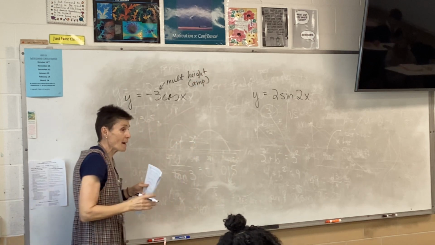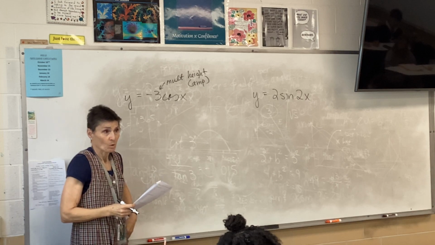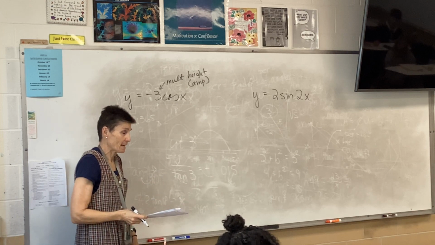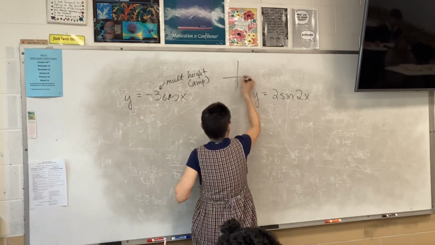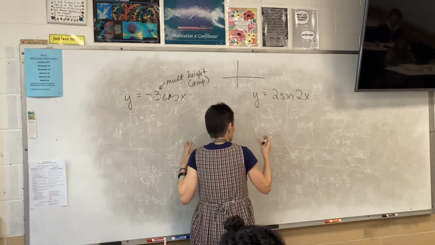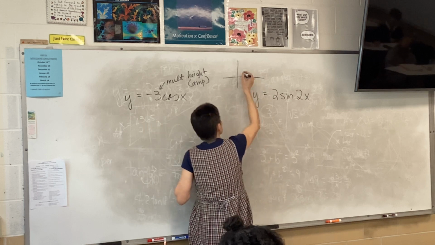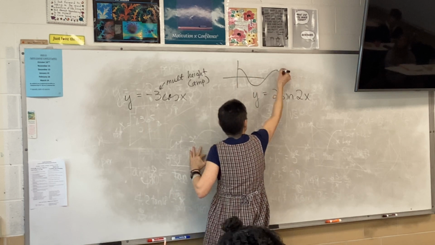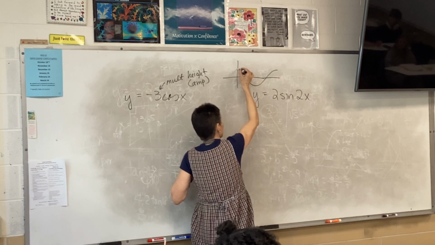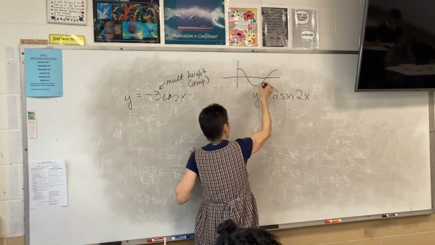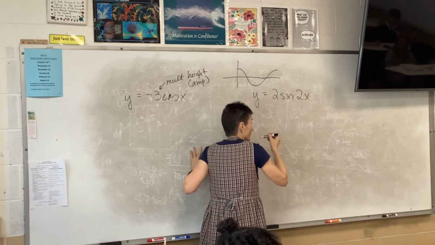Now, what about the negative? That makes it go upside down. So, keep in mind that your standard, regular, generic old cosine looks like this. This is your cosine curve. It starts at the top of the hill, has half a hill, a valley, and the other half of the hill.